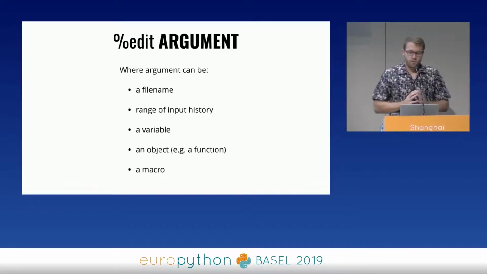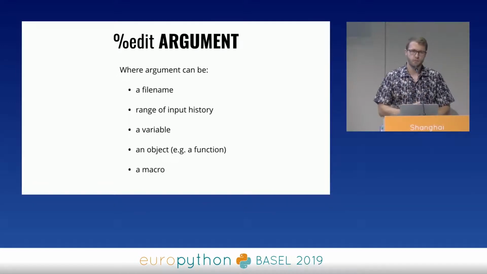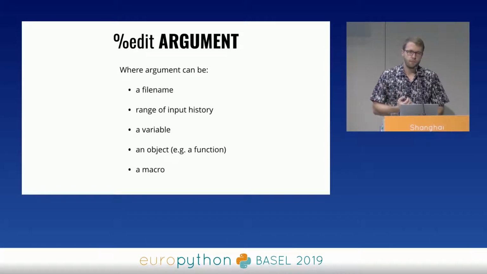What's really cool about the edit command is that it can accept an argument, and depending on what this argument is, edit will behave differently. So if it's a file name, IPython will open that file. If it's a range of the input history, IPython will open a new file and copy the lines from the history to that file. If it's a variable, IPython will open a new file and copy the content of that variable to that file.